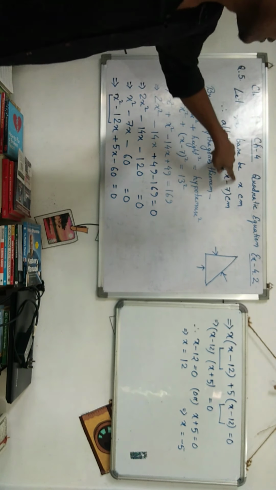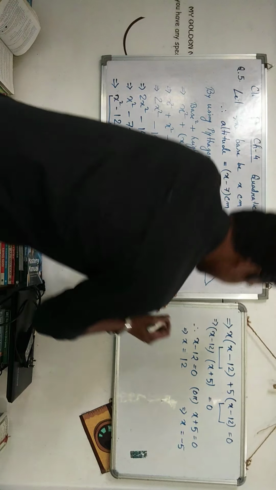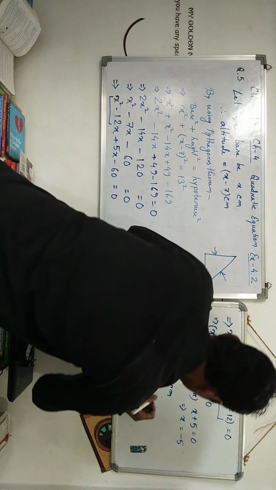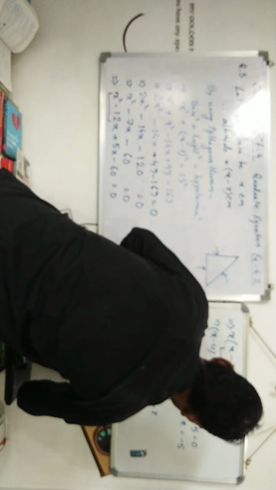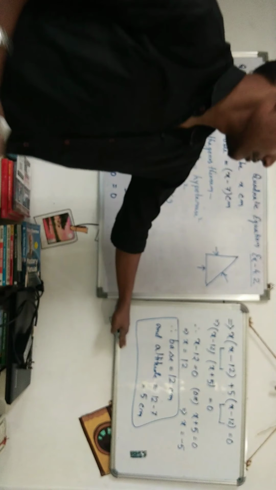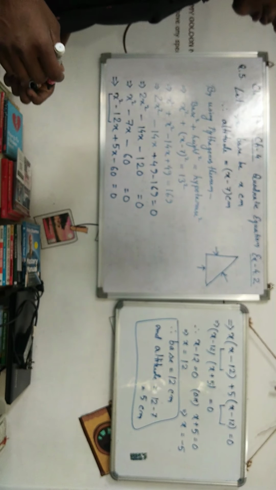The base is x centimeter, so base is 12 cm, and altitude is x minus 7, that is 12 minus 7, equal to 5 centimeter. So these are the two answers: base is 12 centimeter and altitude is 5 centimeters.